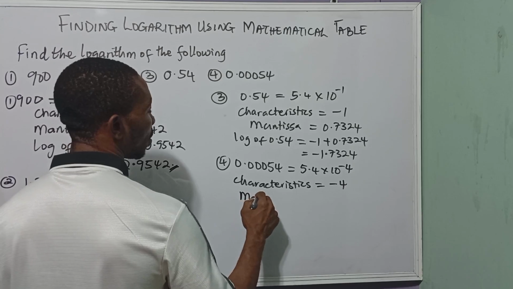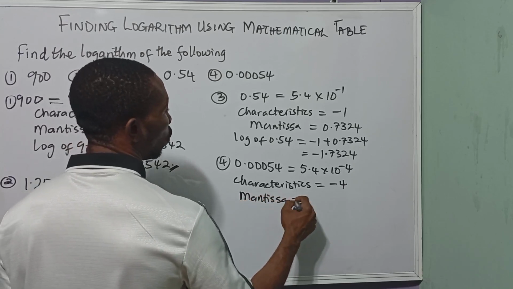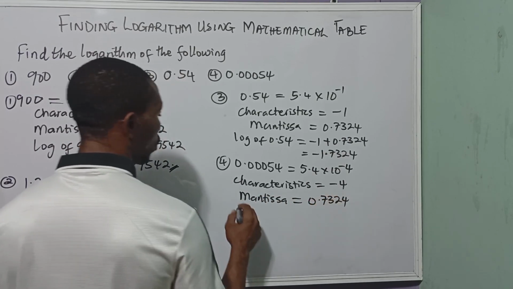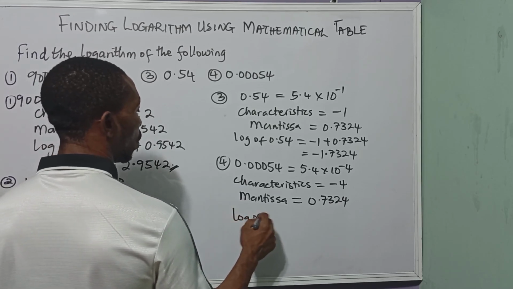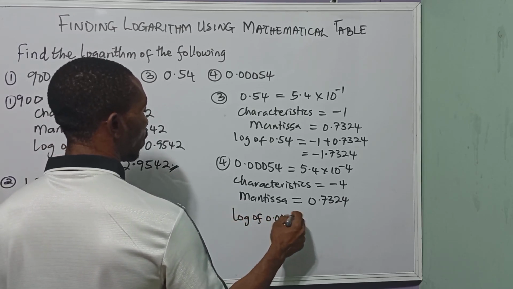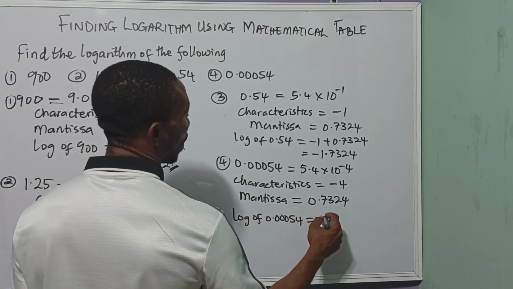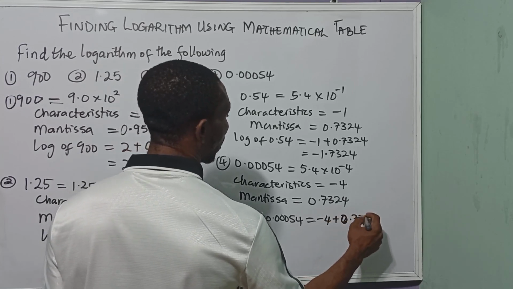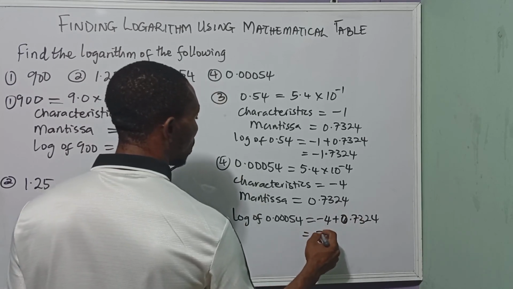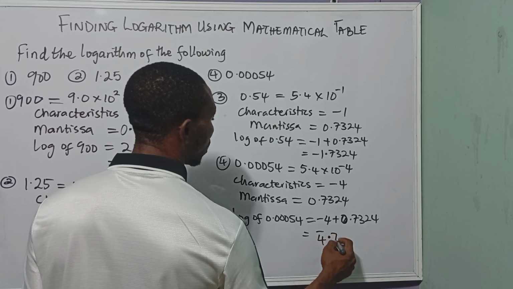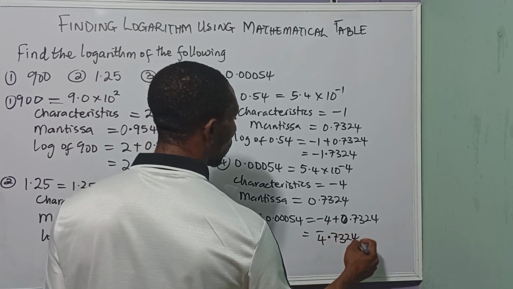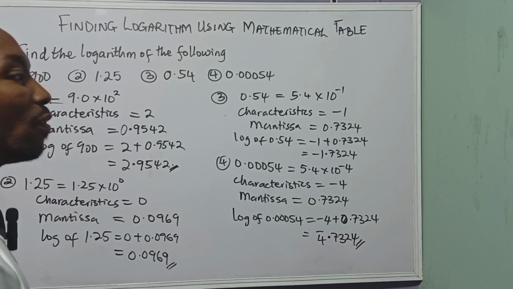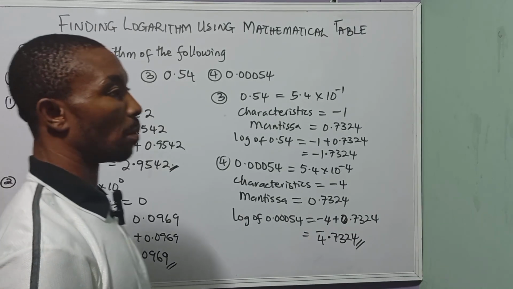So our mantissa would still be the same, 0.7324. So the log of 0.00054 would be minus 4 plus 0.7324, which gives us minus 4.7324. Alright, now with this, we've been able to find the log of our numbers.